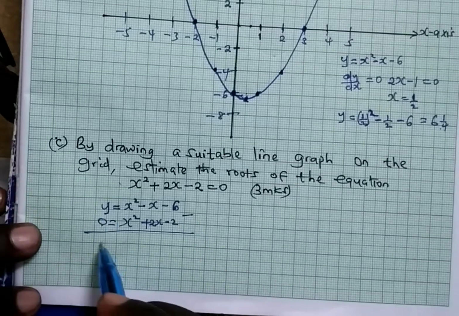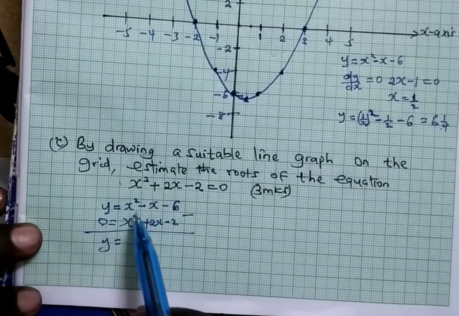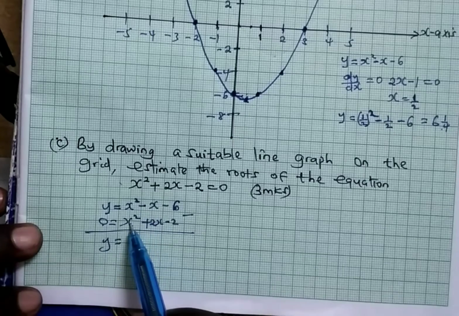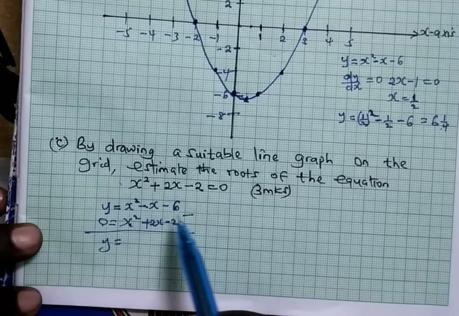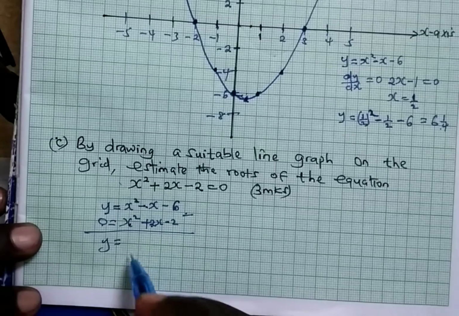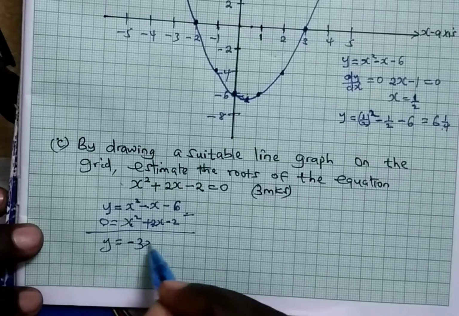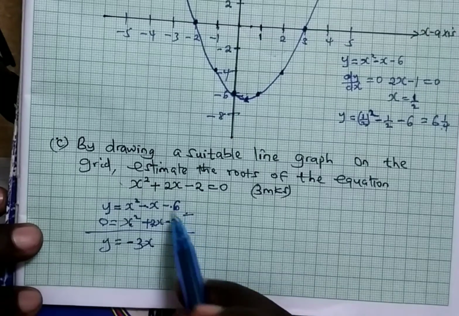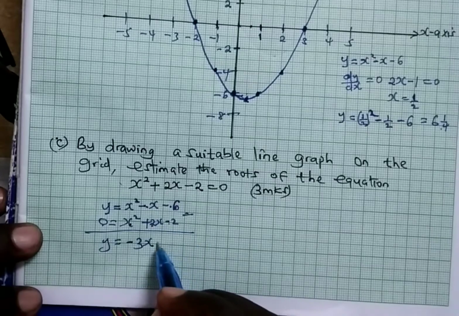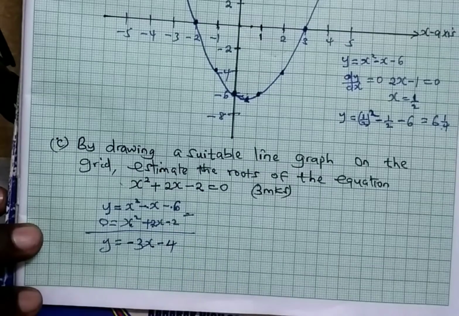Y minus 0 will be y, which is equivalent to x squared minus x squared will be 0, so we will be having minus x minus 2x, which gives us minus 3x. Then minus 6 minus minus 2, you get minus 4.